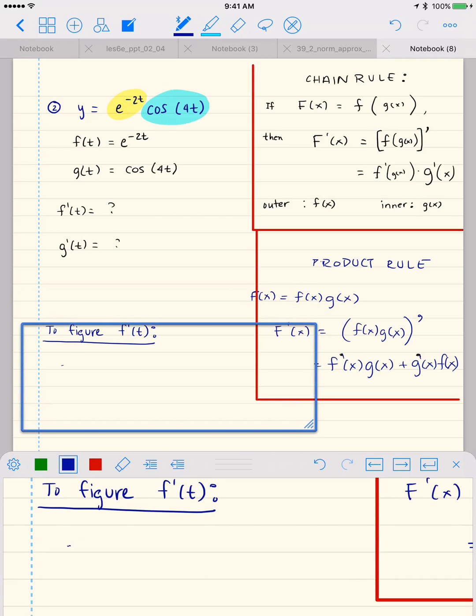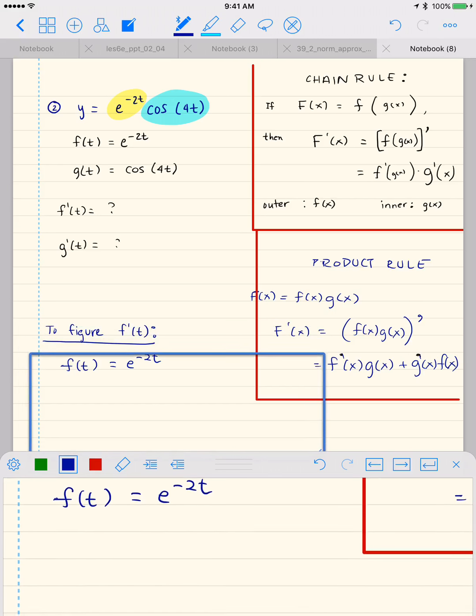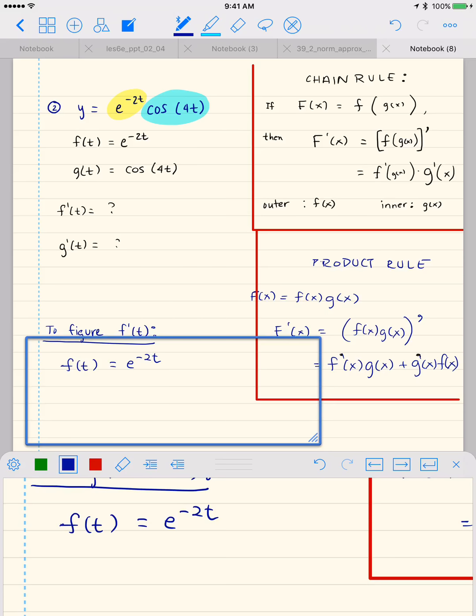So we're saying if f of t is equal to e to the negative 2t, then we need to use the chain rule. So we need our outer function and our inner function.